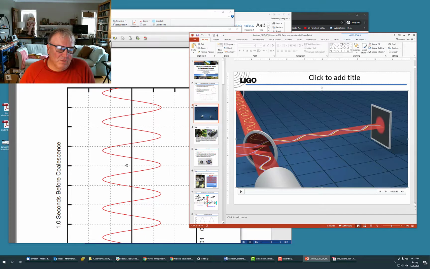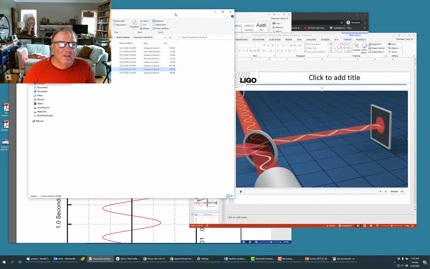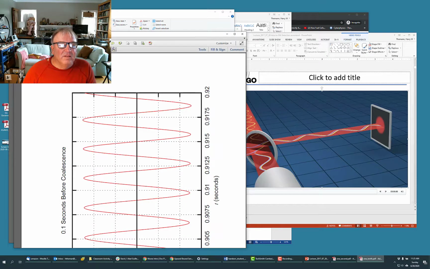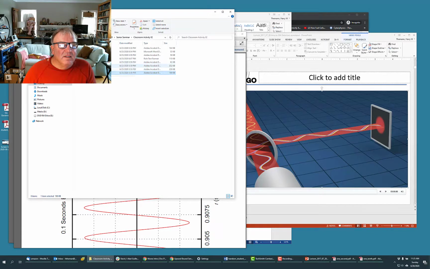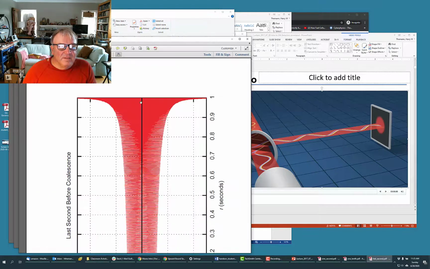So in principle, if you had two massive objects like two black holes or two neutron stars revolving around each other, then you would see these waves coming through. And as they inspiral, they go faster and faster.